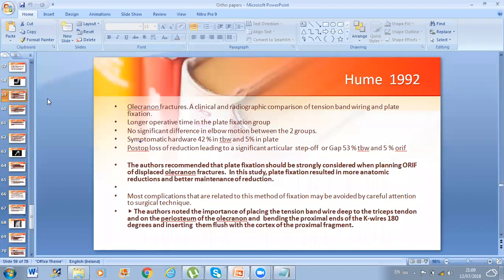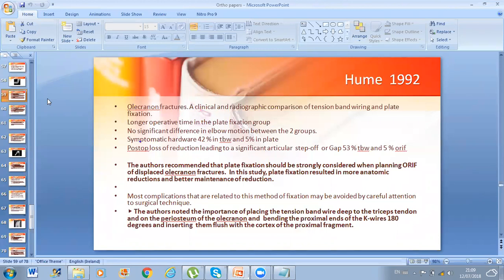Post-op, loss of reduction leading to a significant articular step-off or gap was 53% in TBW and 5% in ORIF. So the author recommended that plate fixation should be strongly considered when planning ORIF for displaced olecranon fracture. In this study, plate fixation resulted in more anatomical reduction and better maintenance of reduction.